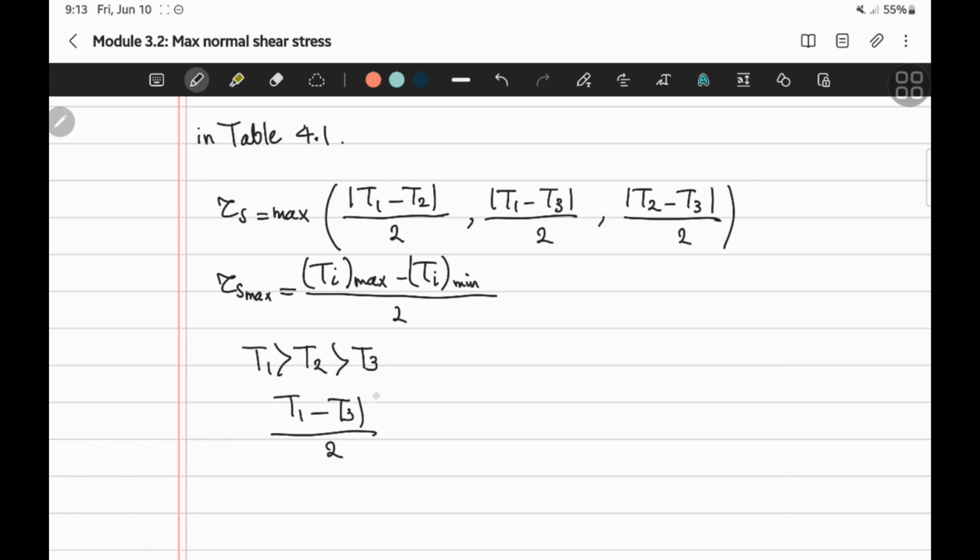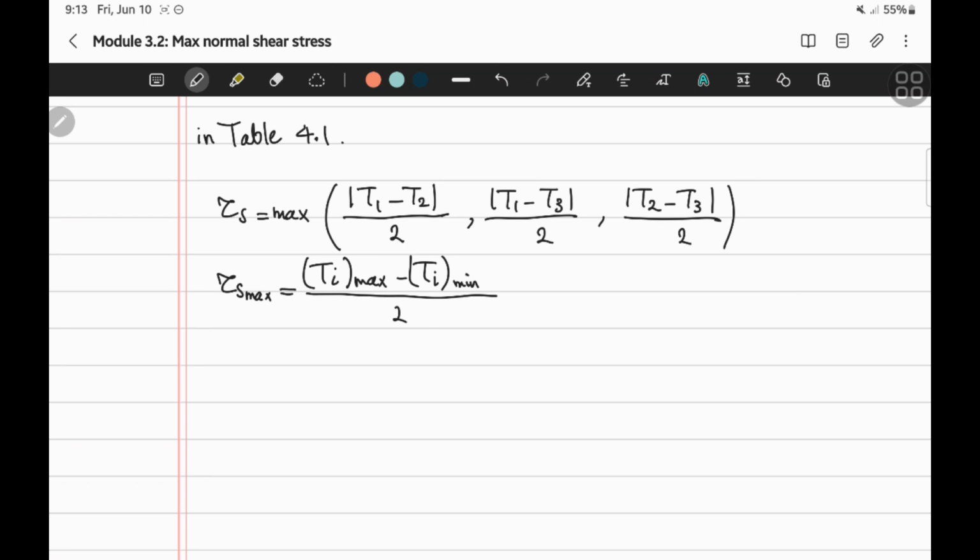Or, for example, if we have t2 larger than t1 larger than t3, then we have t2 minus t3 divided by 2 as the maximum shear stress.